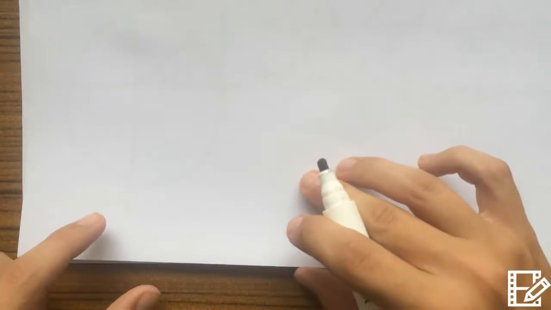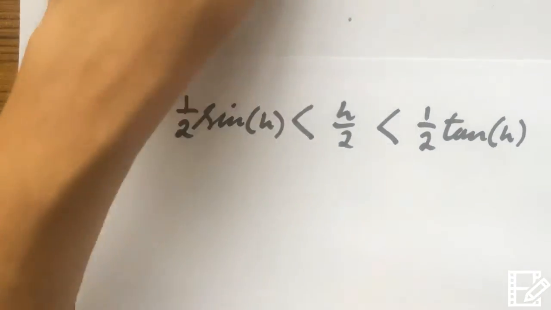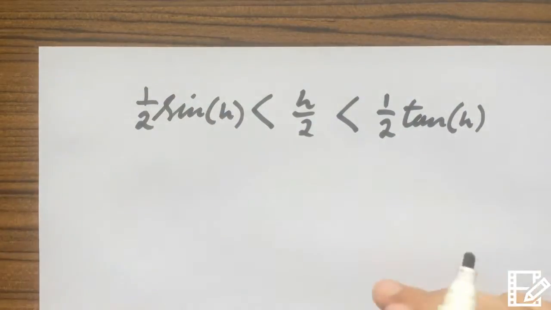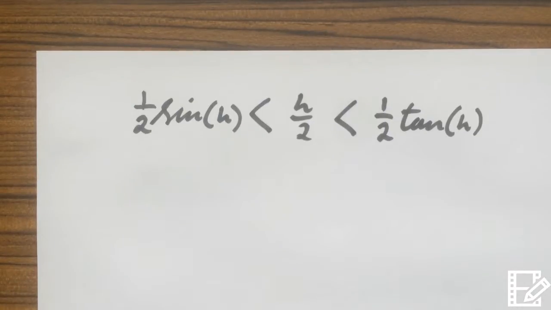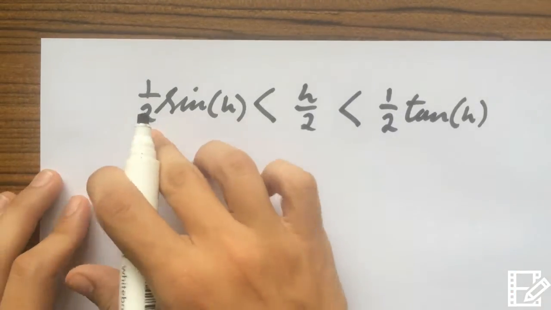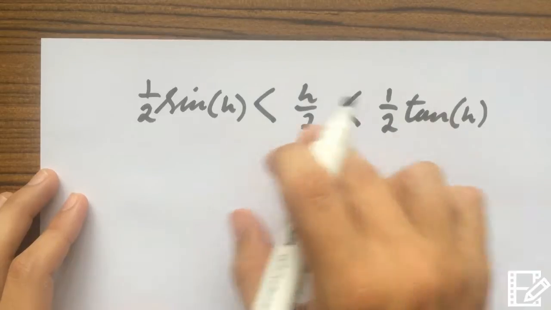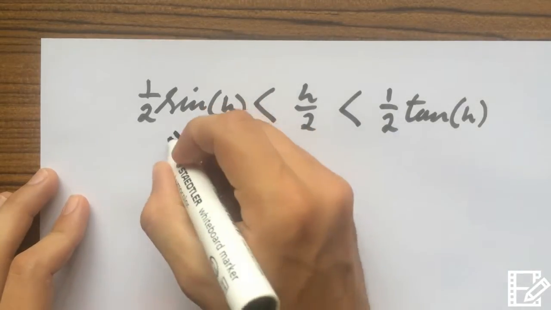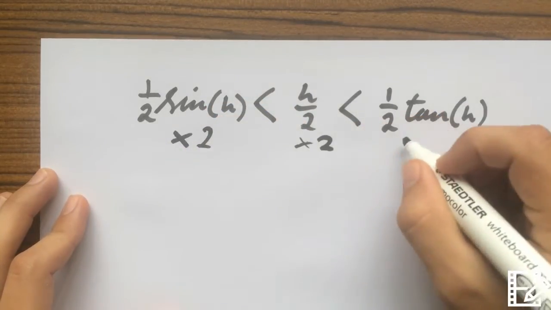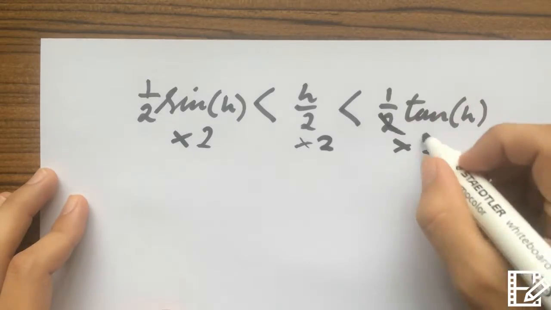Okay. What can we do to this? Well, first of all, we can multiply it all by 2 because it's divided by 2. So if we multiply it all by 2, that'll cancel out the 2's.